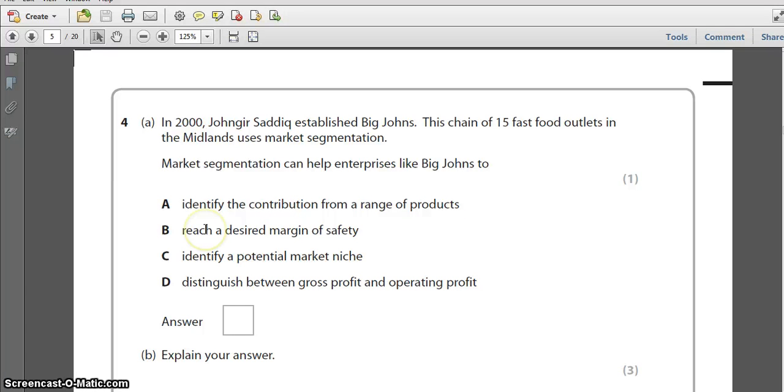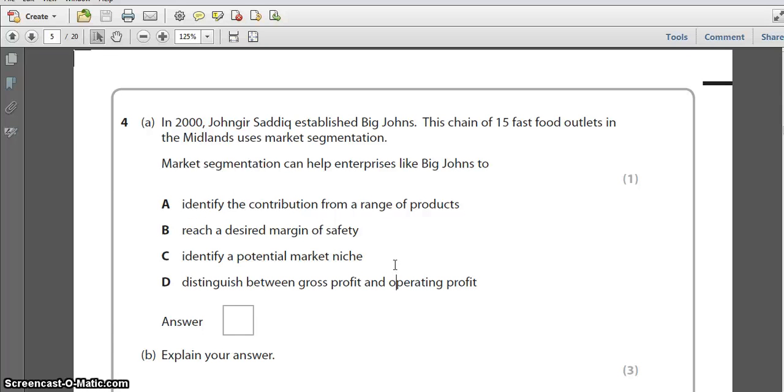So by drawing that graph, or showing all the different businesses within the market, what's that going to help a fast food company to do? Well, it is going to identify a potential market niche. It's going to identify where there is a gap in the market.